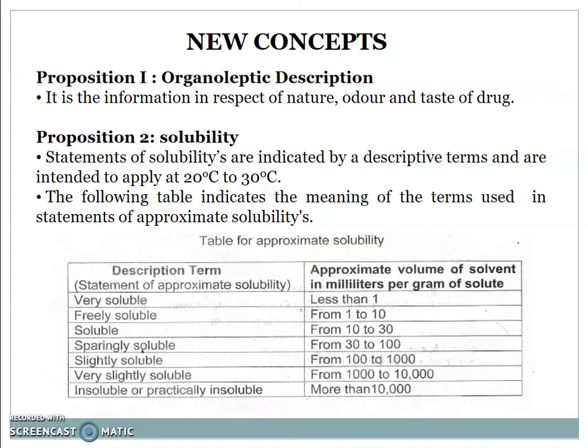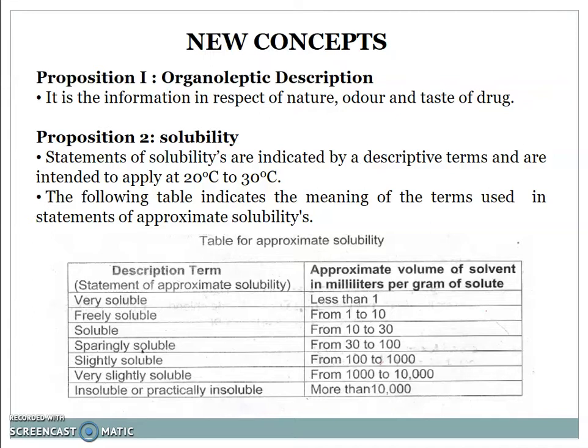Freely soluble means 1 gram of solute is dissolved in 1 to 10 ml of solvent. Soluble means it is dissolved in 10 to 30 ml of solvent. Sparingly soluble means 1 gram of solute is soluble in 30 to 100 ml of solvent.